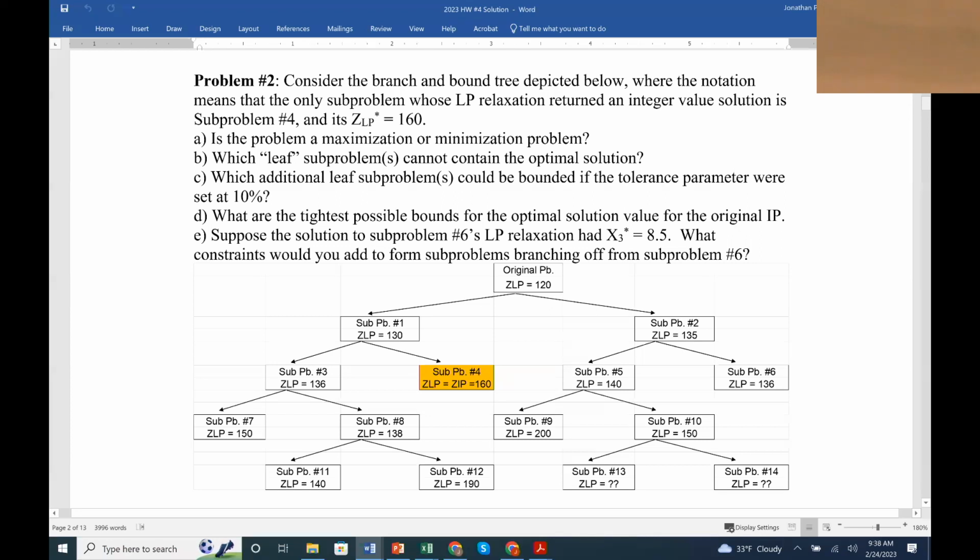So that question of do we prune or not is only a question that's pertinent for the leaves. The leaf where the linear relaxation is equivalent. Could a leaf or a daughter of that leaf have a solution that's 160? It is possible that there is an integer solution that does score 160, and so it could be an alternative optimal solution.